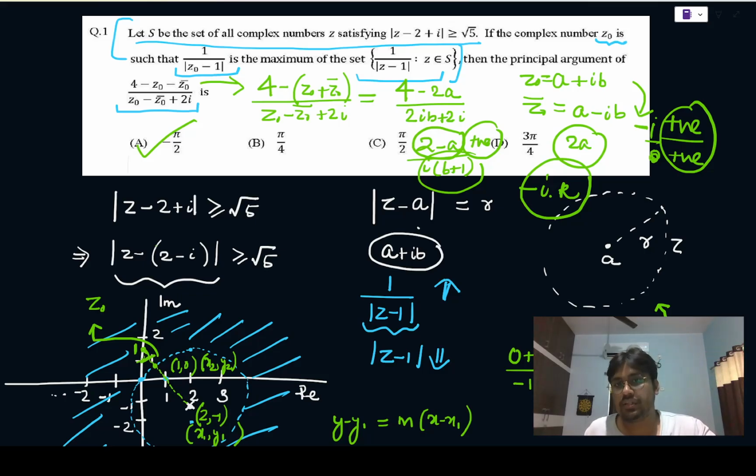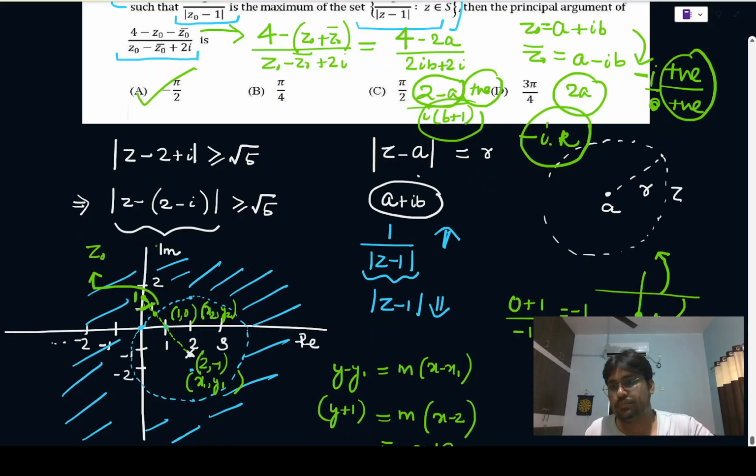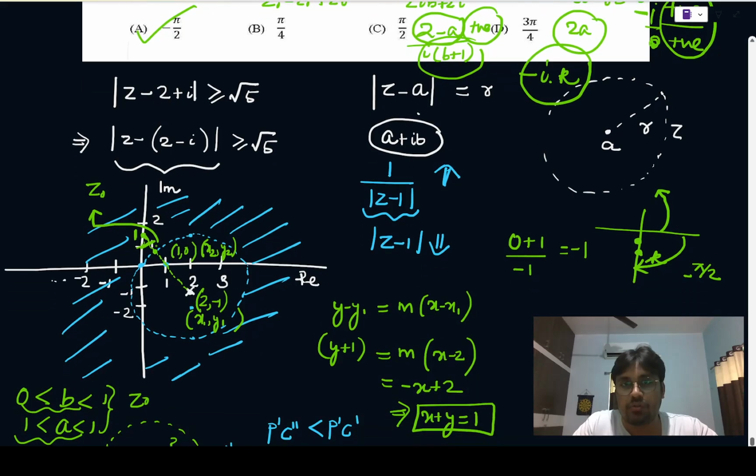Further simplification gives this expression, and we can observe that both numerator and denominator will remain positive. Multiply iota above and below, you will get something negative multiplied with iota. Iota is on the imaginary axis, something negative is on this particular part of the Argand plane, for which the argument is minus pi by 2. That would be the entire solution to the problem.